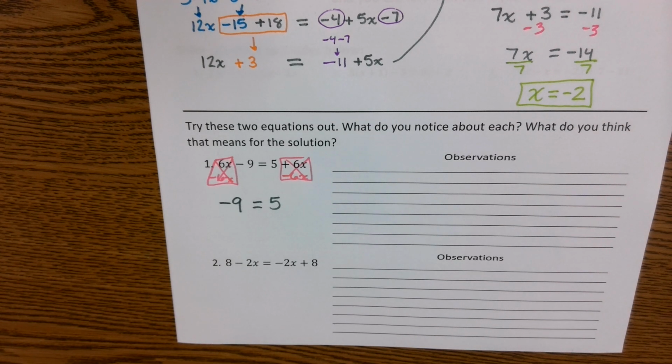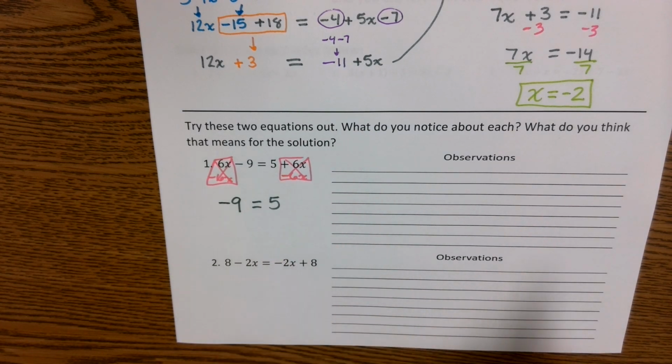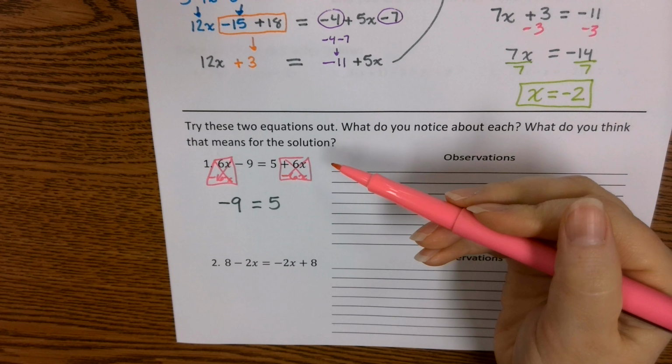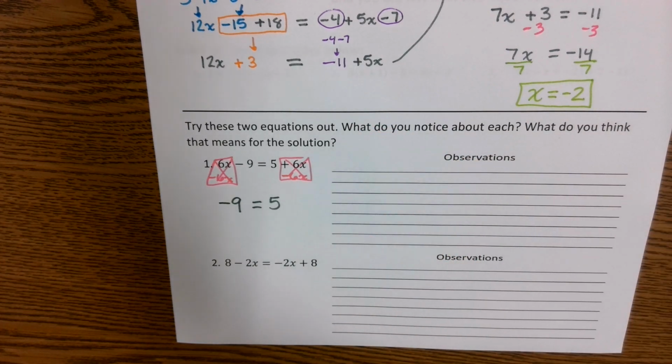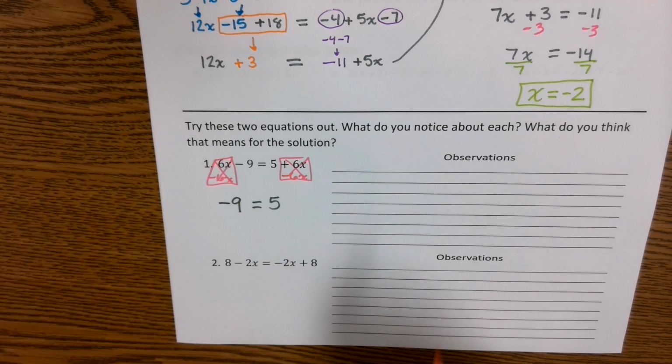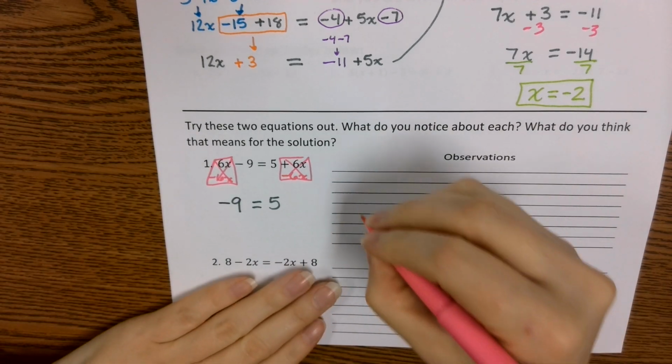Okay, so observations, what happened? Mason? Okay, so if I add 9 to both sides, that's going to give me 0 is equal to 14. Does it change anything out? No. So what did we see happen? The x's canceled out, right? So our x's disappeared, didn't they, essentially?